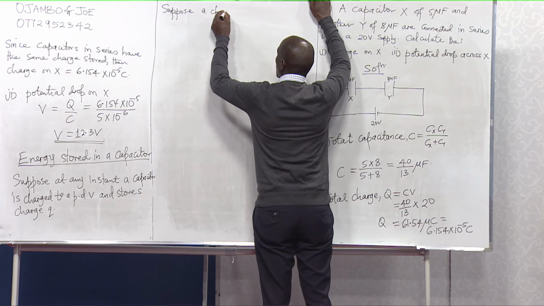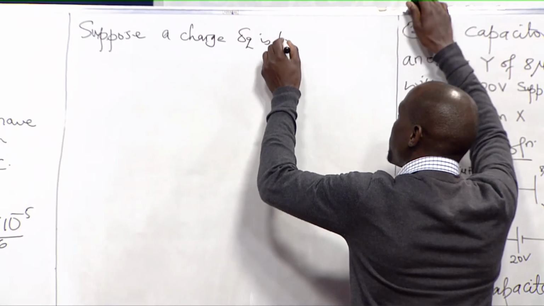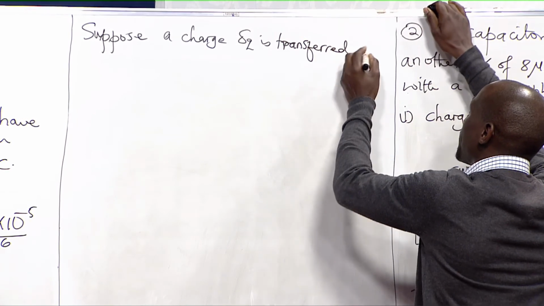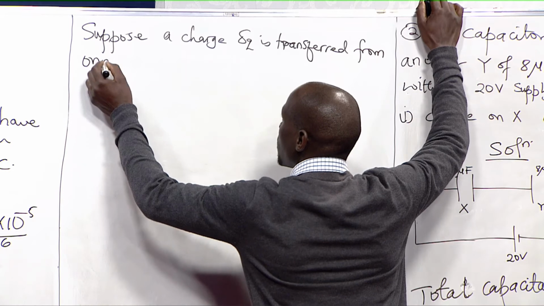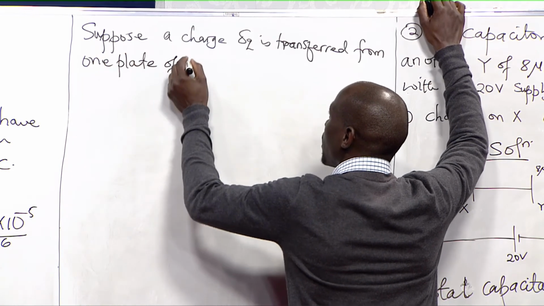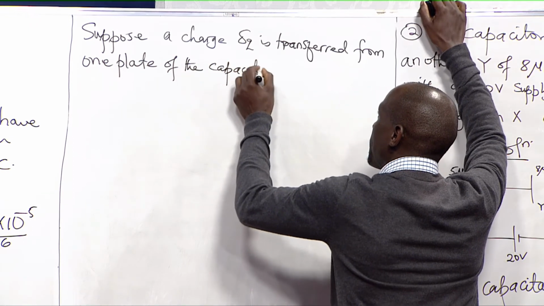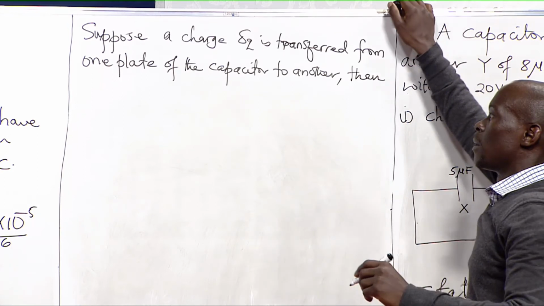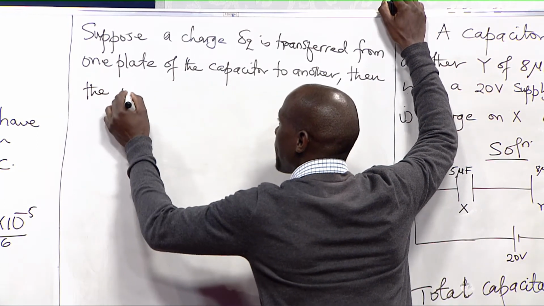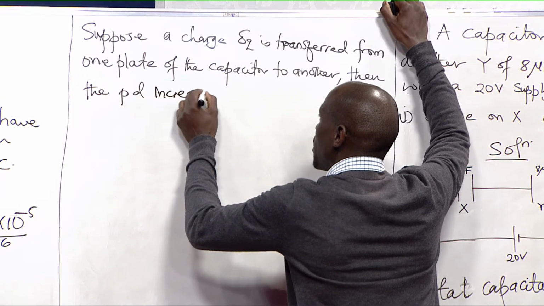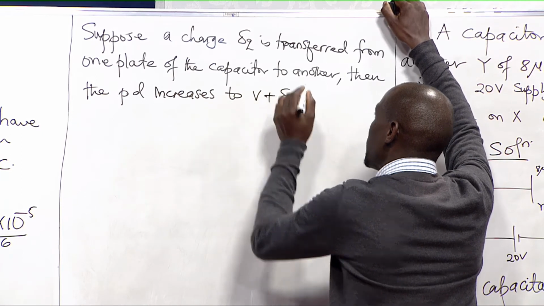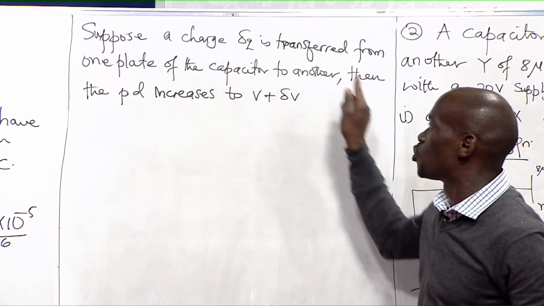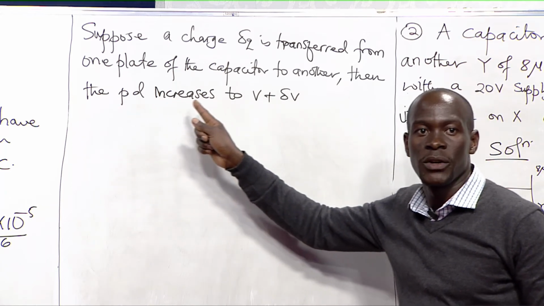Now we can imagine, suppose a charge dq is transferred from one plate of the capacitor to another, then the PD increases to V plus a small change in V. If we are transferring charge of dq from one plate of the capacitor to another, that means our PD will increase by this.